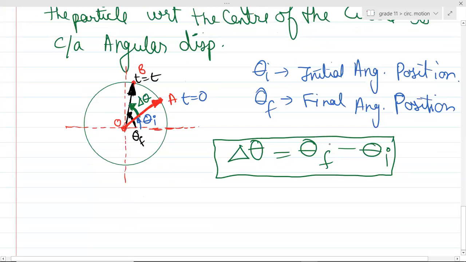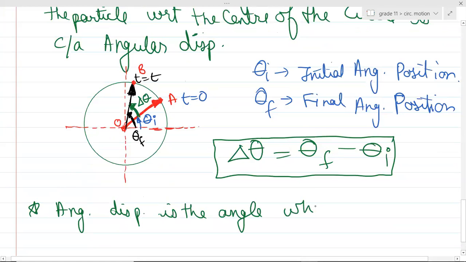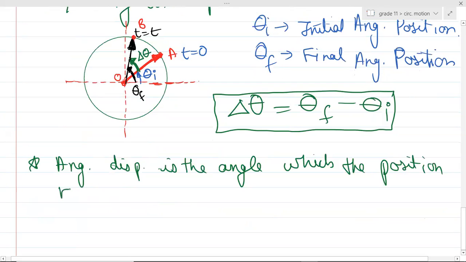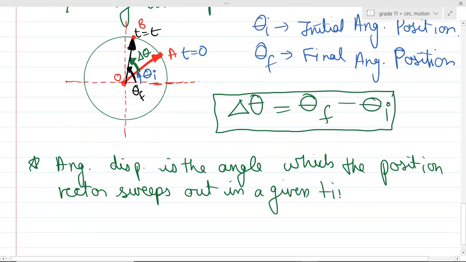Now, angular displacement of an object, you can also define this angular displacement as the angle in which the position vector sweeps out in a given time.